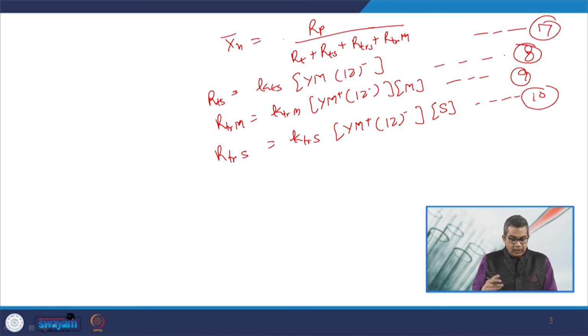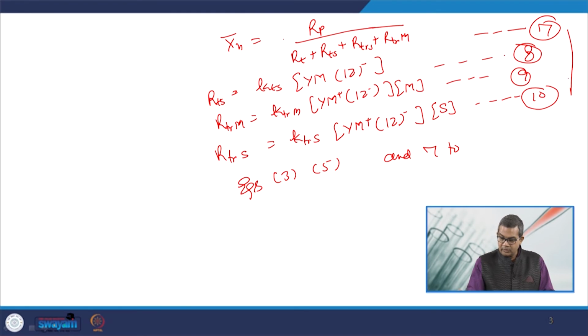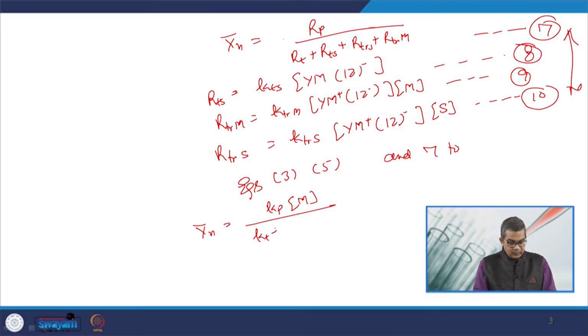So if we combine equations 3, 5 and 7 to 10, all together, we may get this bar xn is equal to Kp M over Kt s plus Kt Rm.